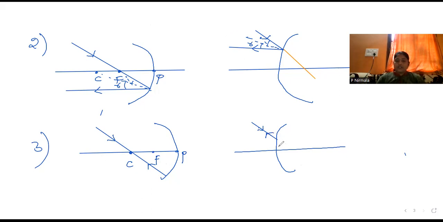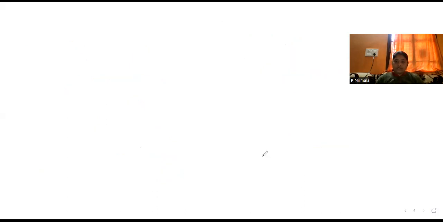Understood? Next, this is the third case. Only here the reflection and incident ray are on the same line; the incident line passes through the center.